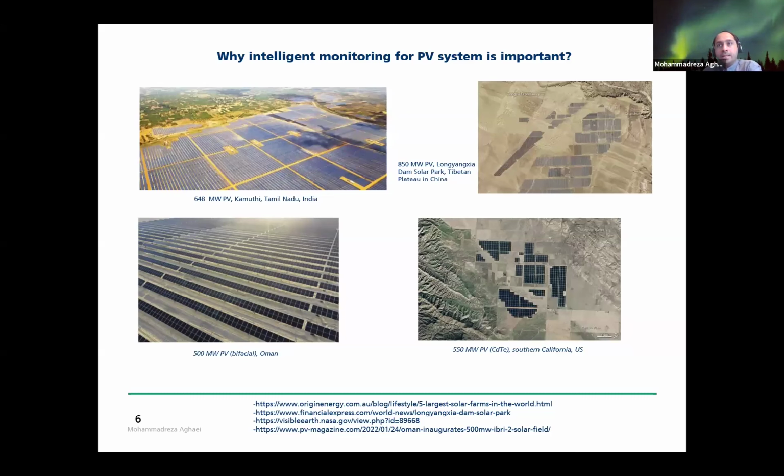The question is how it's possible to monitor such a plant, how many days are required to analyze the monitoring data, how we can detect the faults in all the strings, how the decision making for remedial action would be, how many days it takes to implement the remedial action, and how we can rely on the outcomes.